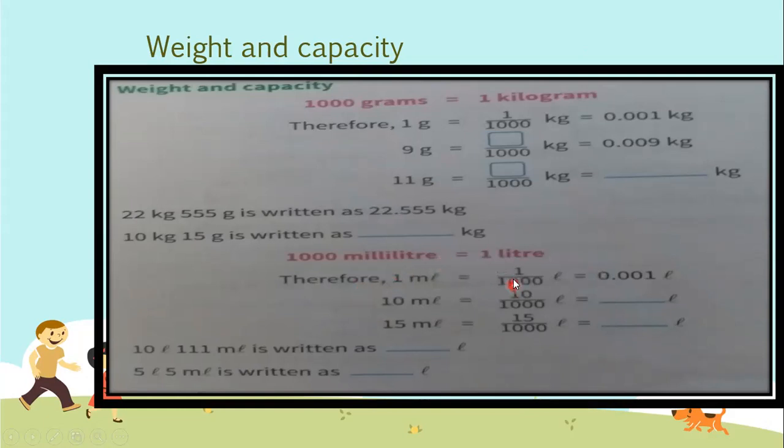So therefore 1 milliliter equals 1 by 1000 liters, so you can write this as 0.001 liters. 10 milliliters equals 10 by 1000 liters, so you can write this as 0.010 liters. Next, 15 milliliters you can write as 15 by 1000 liter, so 0.015 liters. Like this, we will change into decimals.